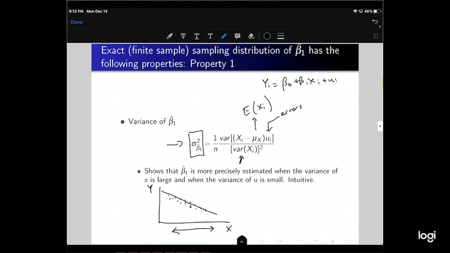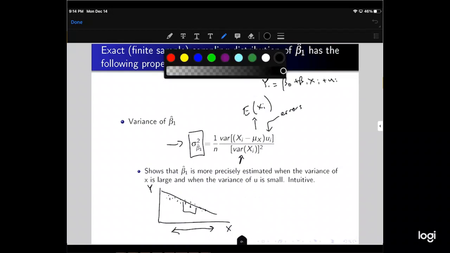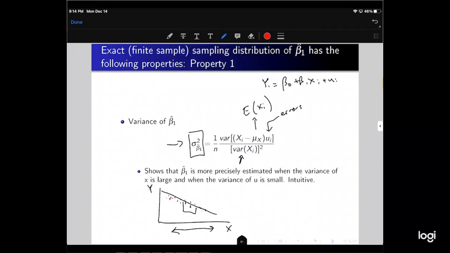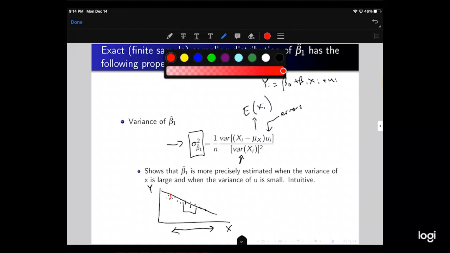And in this case, I've drawn it so there's a lot of spread in x, and so we're going to be more precisely estimating the slope, the rise over the run of this line, if the variance of x is large, if we have a lot of data points, and also if the ui's are small, right? So the ui's are the difference between each data point and the line. We know those are the ui's, right? The difference between the data points and the line. If they're small, we're going to be more confident in the estimated regression line compared to if they're large. Let's draw the alternative here.